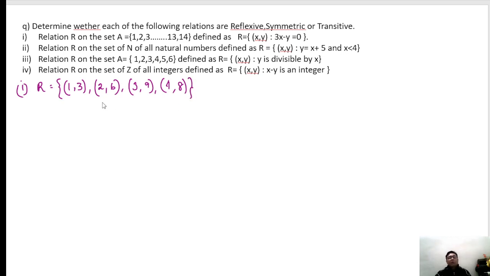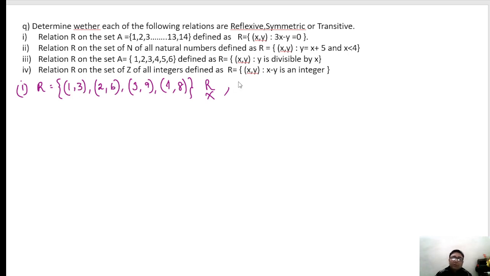Now on this I have to check whether it is reflexive, symmetric, or transitive. Do we have 1 1, 2 2? See, these are not there, right? So it is not reflexive. Now for symmetric, if 1 3 is there then 3 1 should be there.